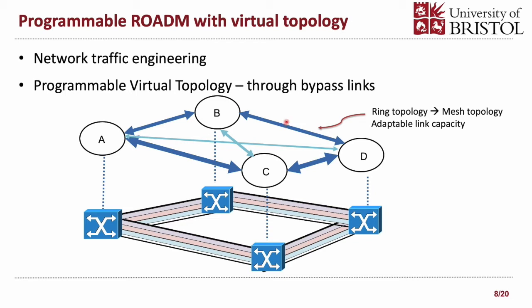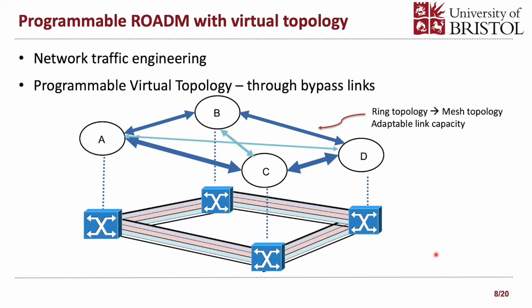You will also notice the links use different thickness of line, because the link capacity can be adapted based on how many bypass cores have been allocated to this direct connection. So this is the network level.